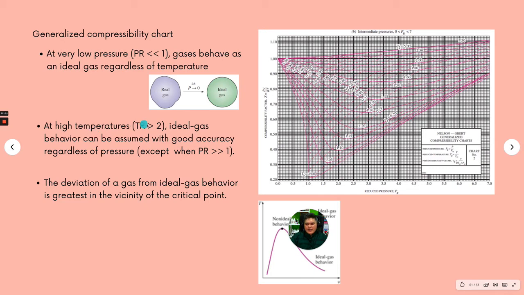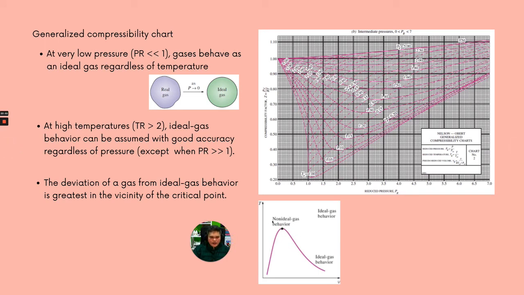Okay, at high temperature, which is reduced temperature bigger than 2, ideal gas behavior can be assumed with good accuracy regardless of pressure, and the deviation of a gas from ideal gas behavior is greatest in the vicinity of the critical point. Maksudnya kalau kita ada critical point, okay, kat sini, this is where actually the gas is not ideal. This is where memang ideal gas equation tak boleh pakai. You have to start to use compressibility factor Z.